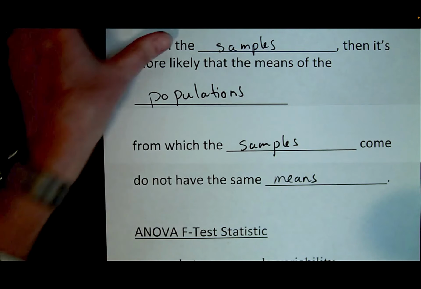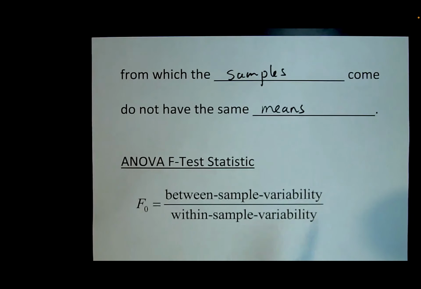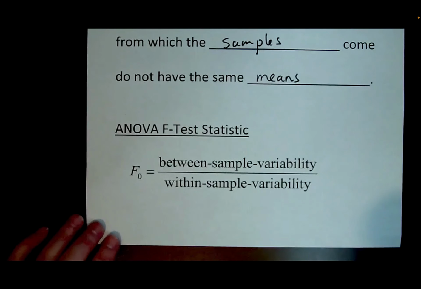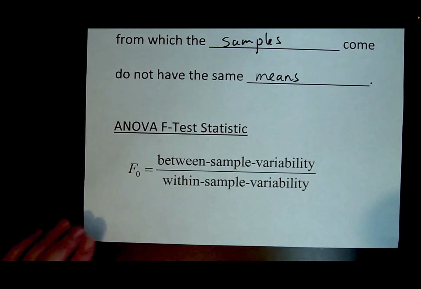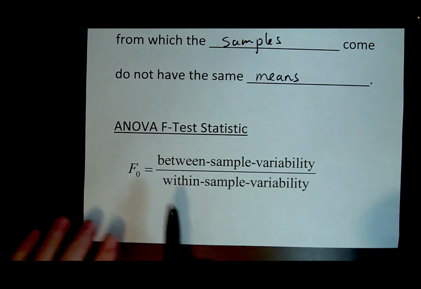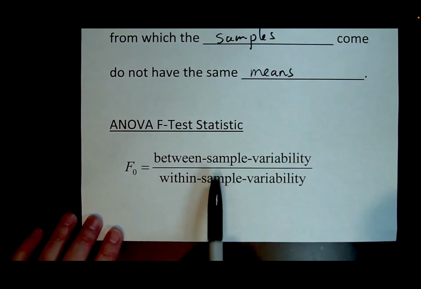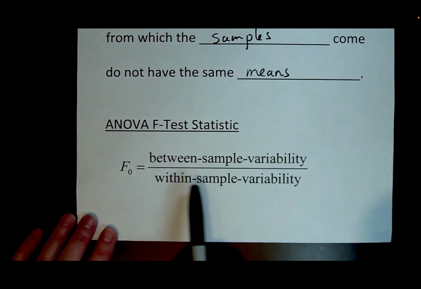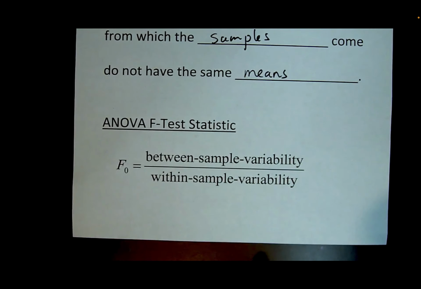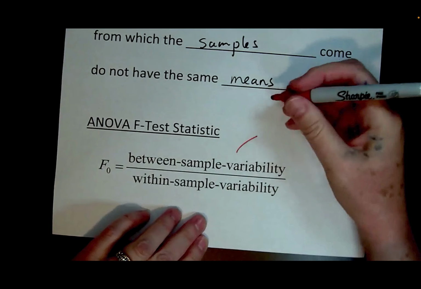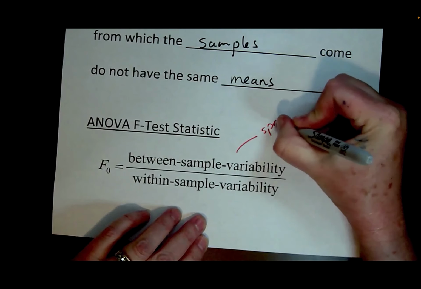Okay, so let's just finish off the ideas here. So the test statistic for ANOVA, it happens to use the F distribution, which we haven't seen yet. But anyway, you're basically going to take a ratio to compare the between sample variability. And when we say between sample variability, we're talking about the spread between the means.